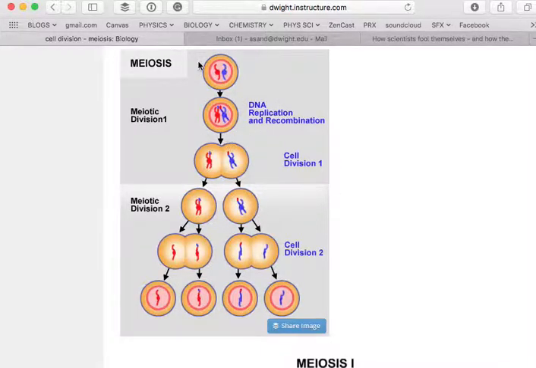But what we like to say is that the first cell division, at least in intro biology class, is where we lose the information. We say that this cell is a diploid. It has all the genetic information of every single cell in your body.